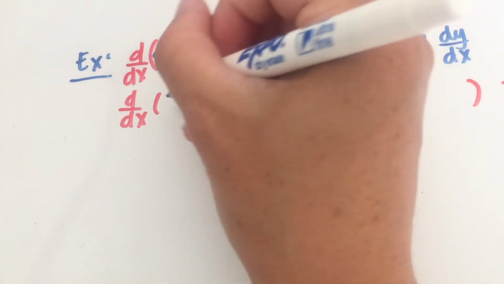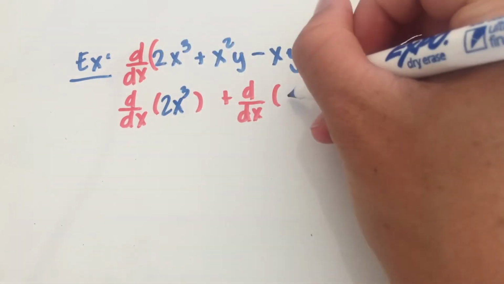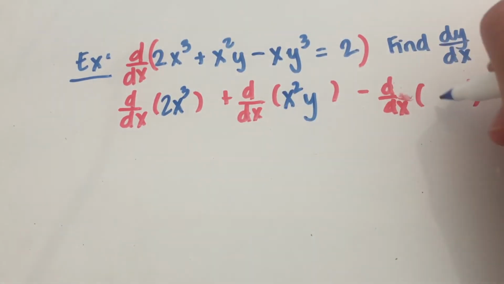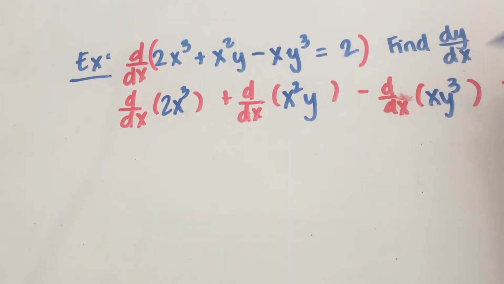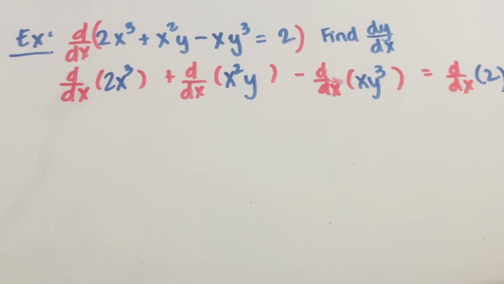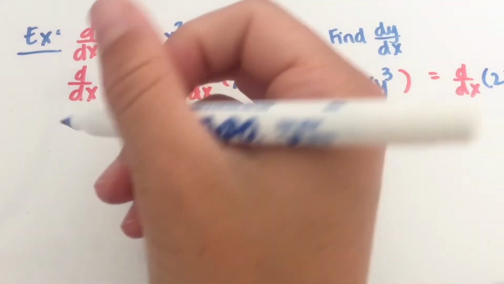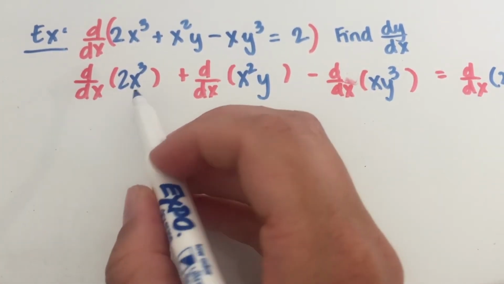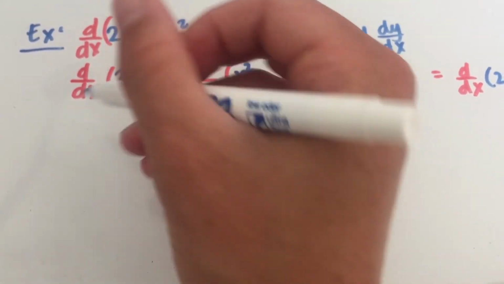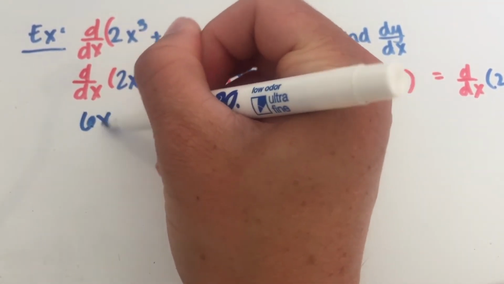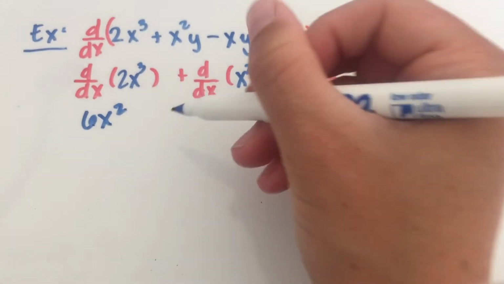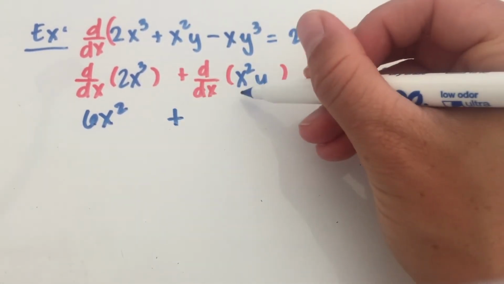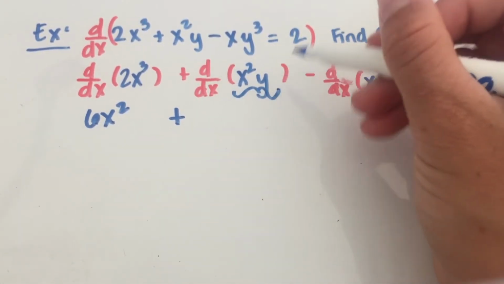So we have the derivative of 2x cubed plus the derivative of x squared times y minus the derivative of x times y cubed equals the derivative of 2. For our first term, using the power rule, we get 6x squared. For our next term, we have two functions being multiplied, so we can use the product rule.